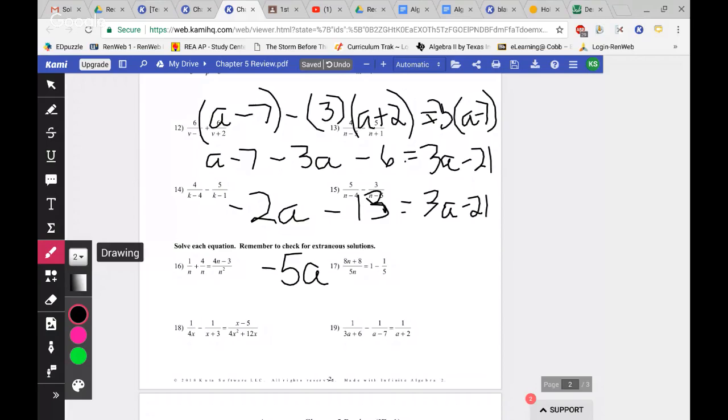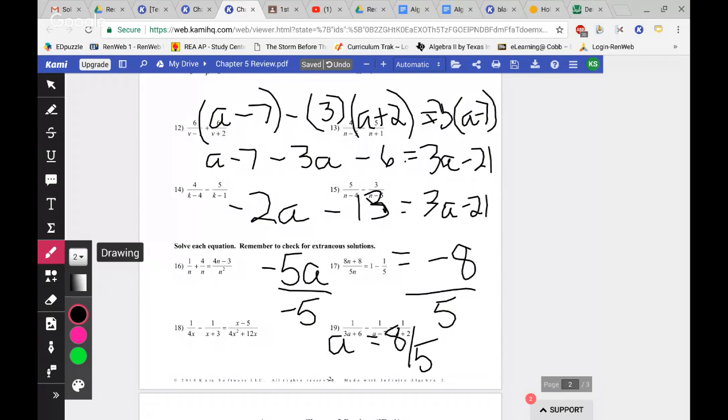Then I'm going to add this positive 13 to the right side, and that gives me a negative 8. Now I'm going to divide both sides by negative 5, and that gives me a positive 8/5. Okay, we got that.